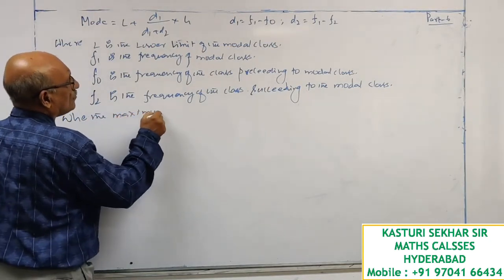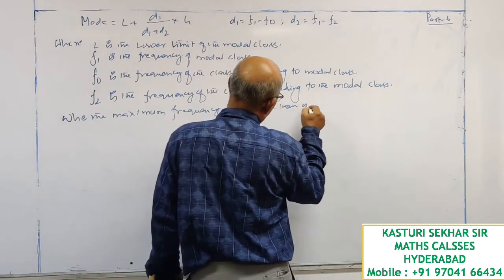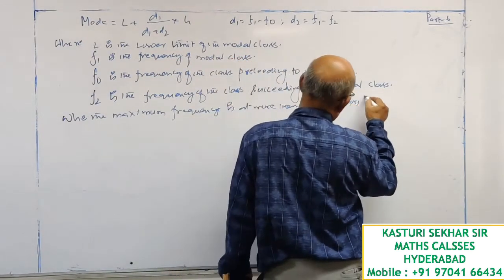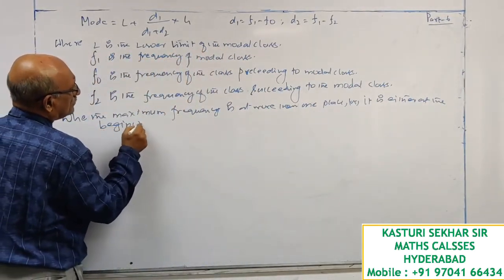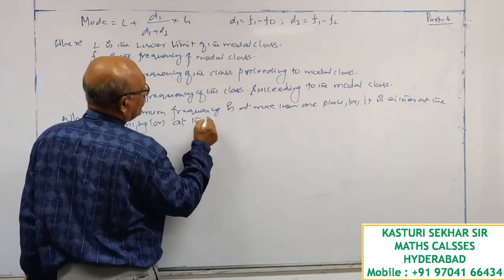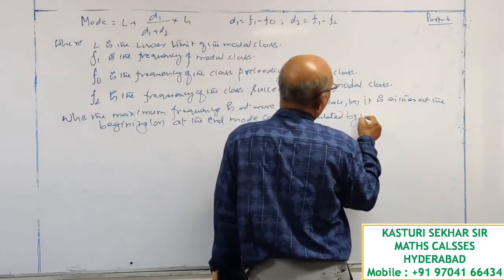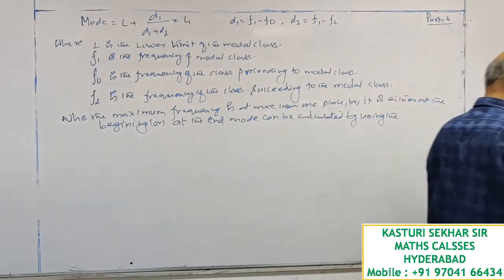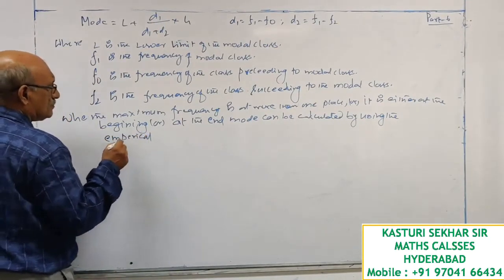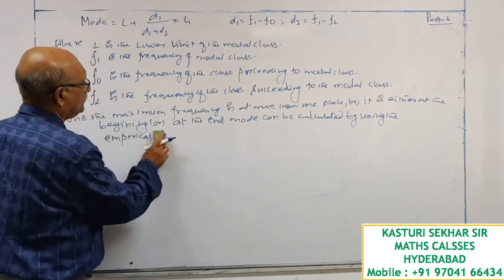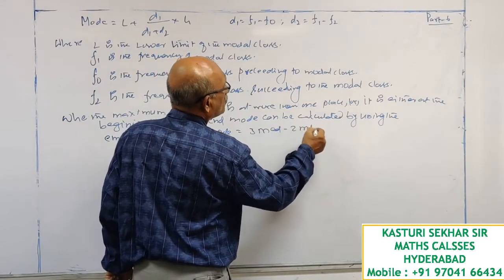When the maximum frequency is at more than one place, or it is either at the beginning or at the end, mode can be calculated by using the empirical relation: mode is equal to 3 median minus 2 mean.